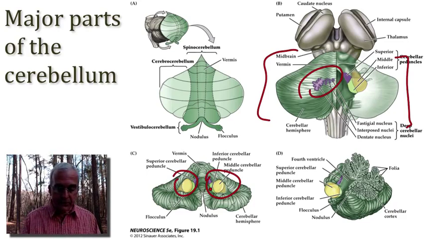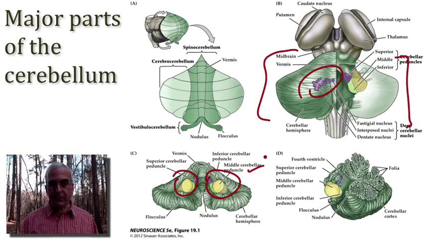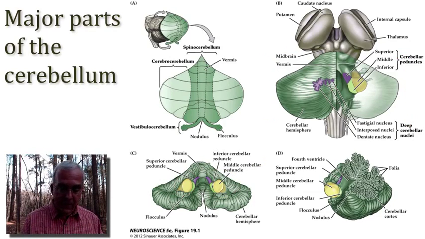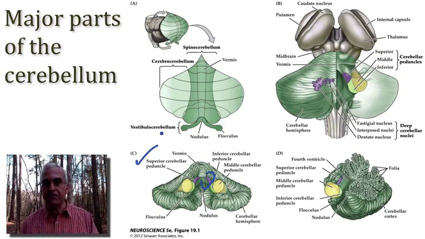Those 3 peduncles are this large, massive middle cerebellar peduncle, by far the largest of the 3. And just on the superior aspect of that peduncle, we find a superior cerebellar peduncle, and that is this structure that is shown here in this purple color, the superior cerebellar peduncle.